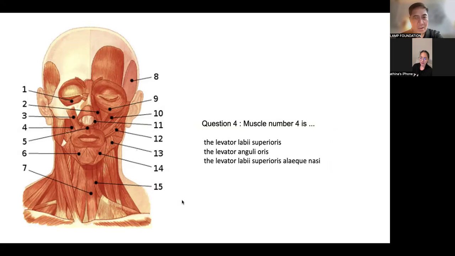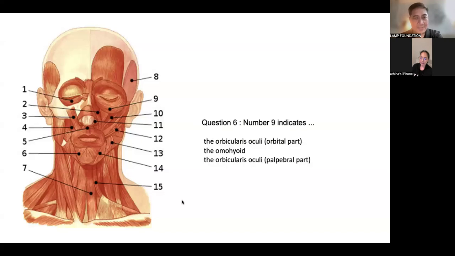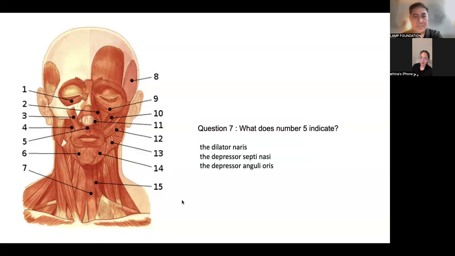Muscle number 4, that's the levator anguli oris. Temporoparietalis, that is number 8. Number 9, the orbicularis oculi, the orbital part. Number 5, that is the depressor septi nasi.